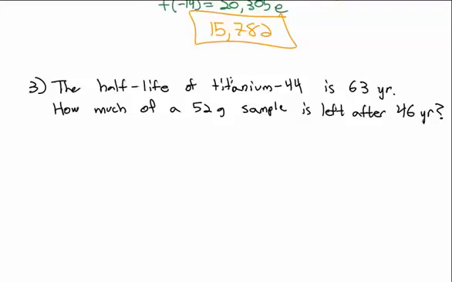So what we need to know is what is the decay constant that corresponds with a 63-year half-life. If we start with P, at the end of a half-life there is 0.5 P remaining. Half of P. And our formula says we take the principal starting amount times e to the kt, and we know the amount of time it takes to get a half-life here, in this case, is 63 years.